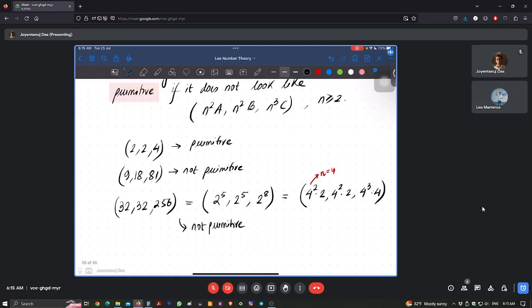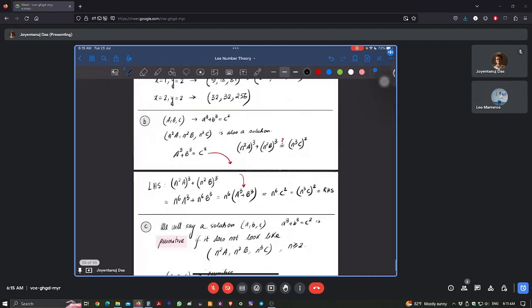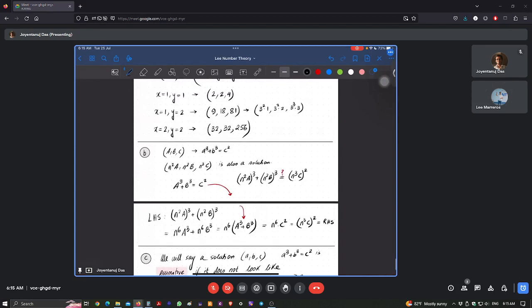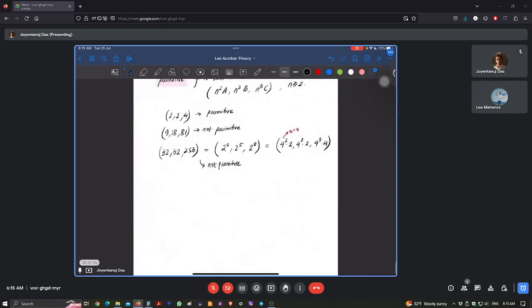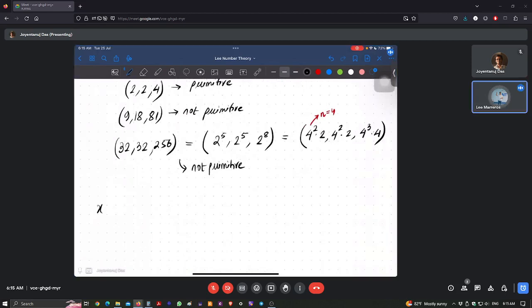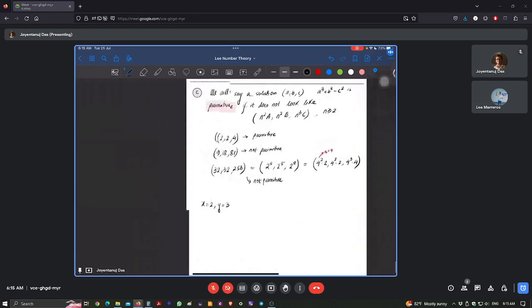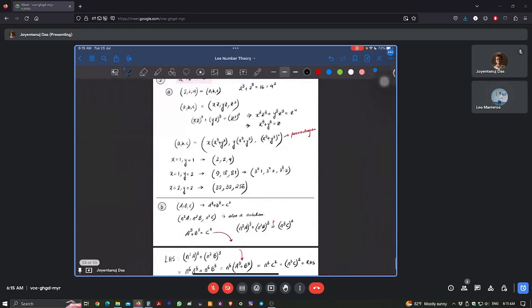Okay, so they are asking to find a few more primitive solutions. Let us try to find. We took x equals 2, y equals 2. If I increase y to 3, then what happens? With x 2, y 3, we have to use that parameterized equation. So this is our equation, let us copy.